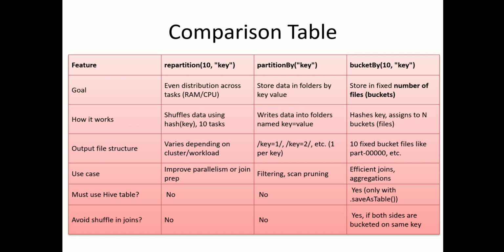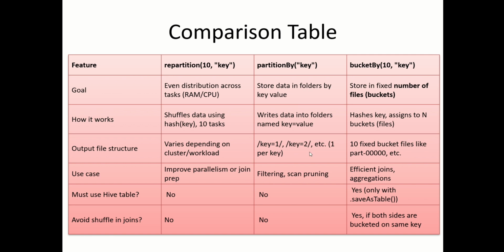And in bucketBy, the hashed key is assigned to bucket files. Here in bucketBy, you can see it will hash the key and assign. Suppose you want to create 10 buckets, then it will create 10 buckets based on the column you have specified. Output file structure varies depending on cluster and workload.